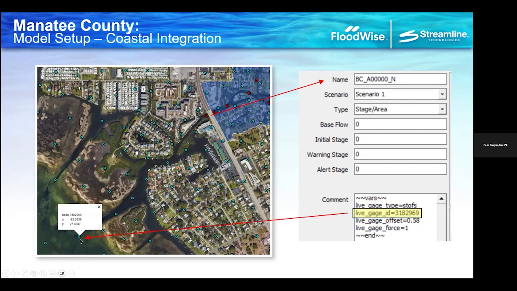We tell it to go out into the bay because we know that point will always be wet, where these other ones can be wet or dry. So we say use the forecasted water levels out in the bay here, and apply them to the Stormwise node at this point. And then that becomes a boundary condition for the rest of the model upstream.